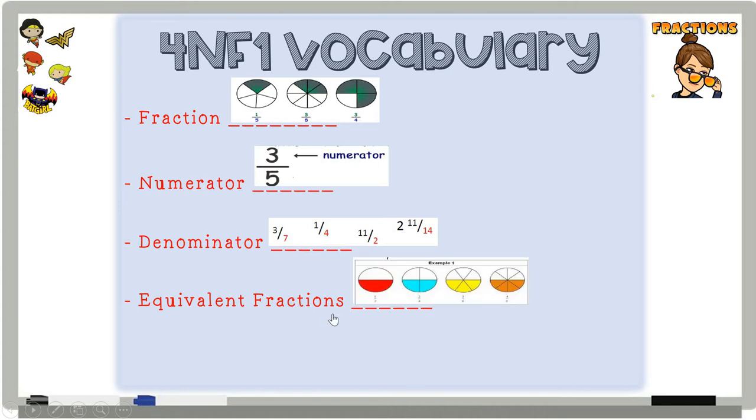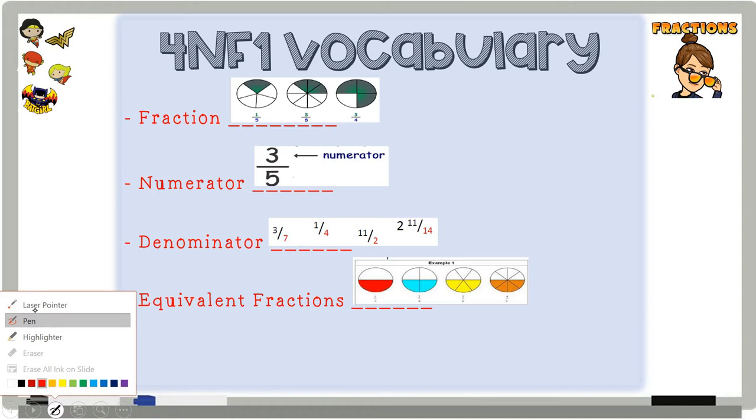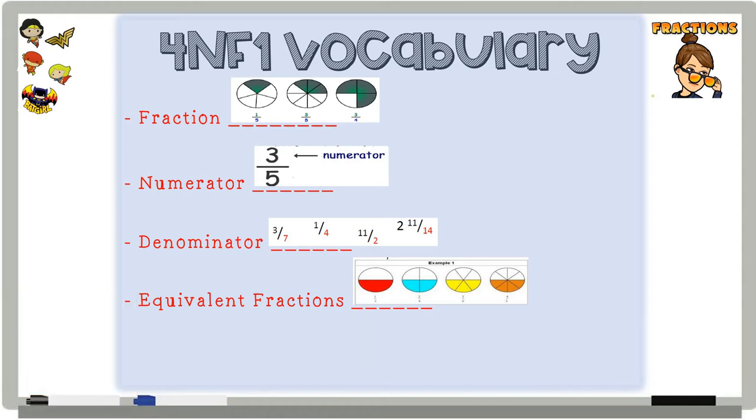Now equivalent fractions are fractions that have different numbers but show the same value. I really like to explain equivalent fractions by comparing it to money. So if you have a quarter, we know a quarter is worth 25 cents. Now I can also have a dime, which is worth 10, another dime, which is worth 10, and a nickel, which is worth 5.